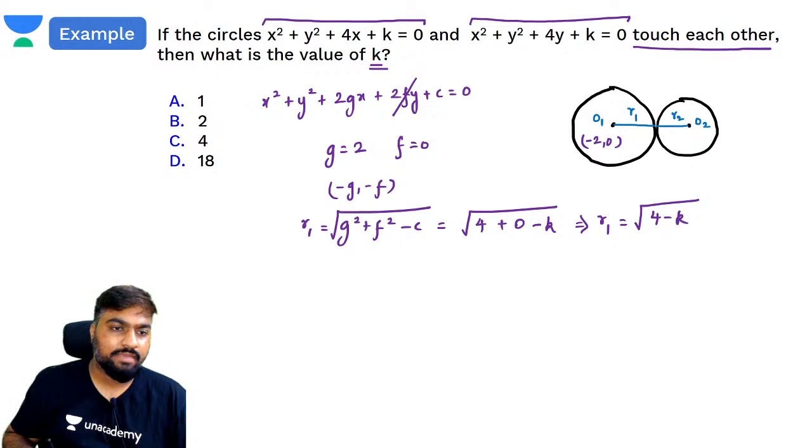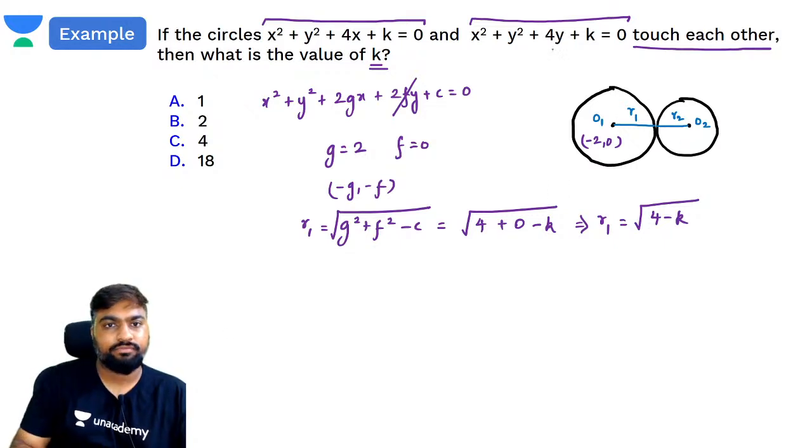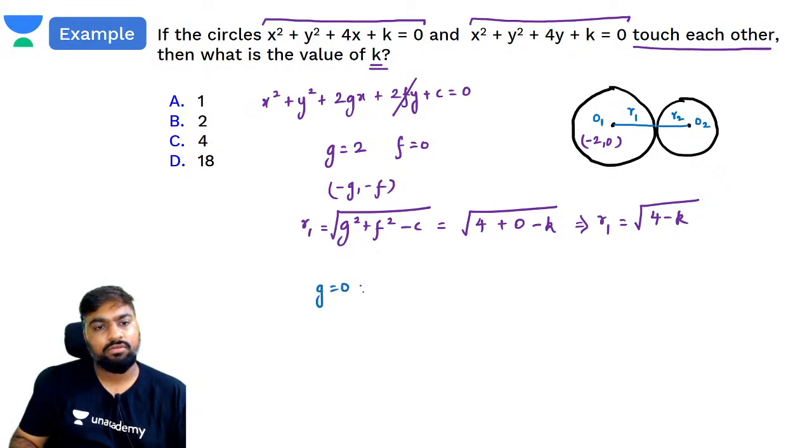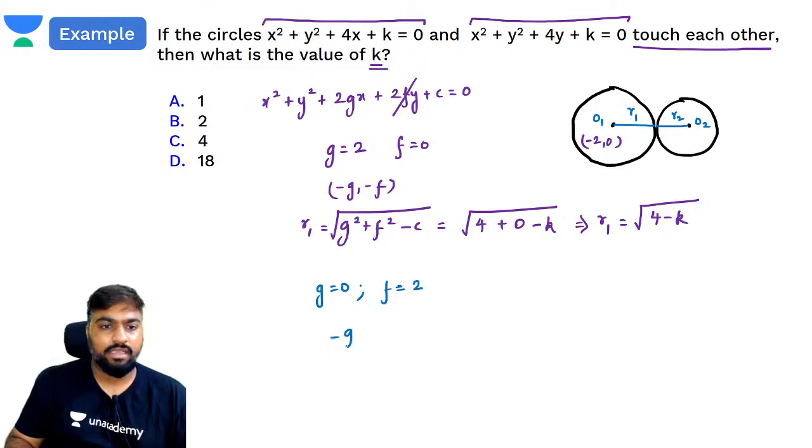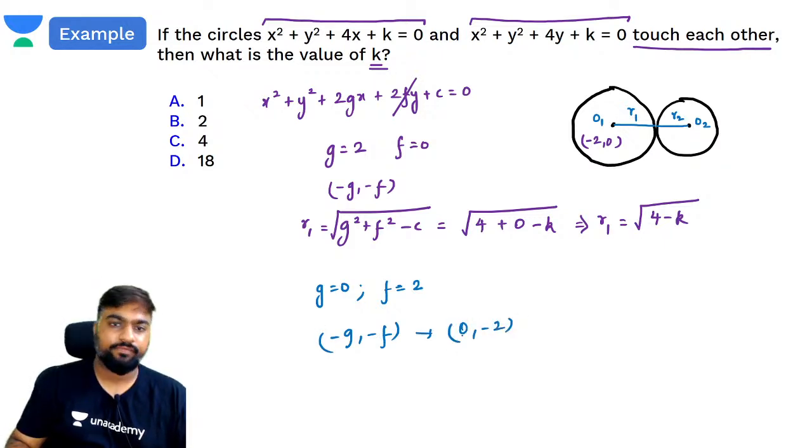Same way, do the same thing for the second circle now. There is no x coefficient, right? So for the second circle your g is 0 and your f is 2. So your center is minus g comma minus f, which is 0 comma minus 2.